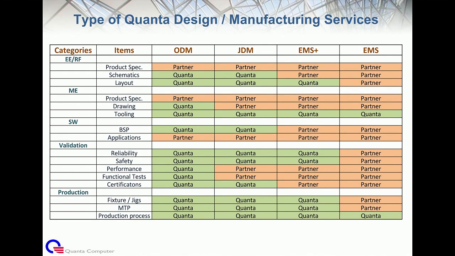On the other end, for ODM service, we only require the customer to deliver us the specification and the application which the customer wants us to bundle with the product. We will do everything else for you. We are flexible, so we can do any R&R in between the ODM model and the EMS model.